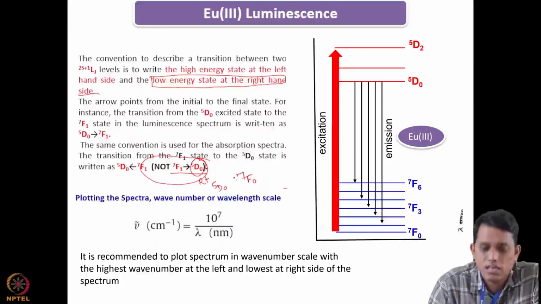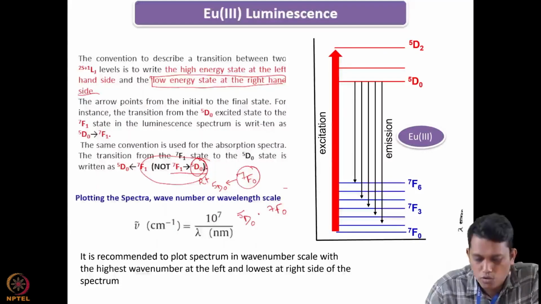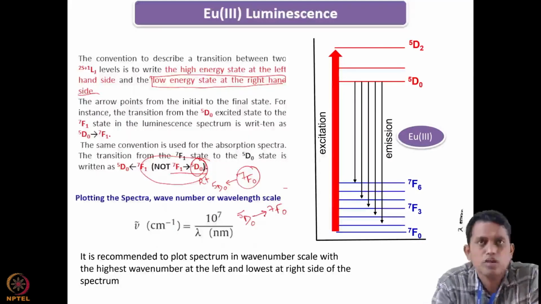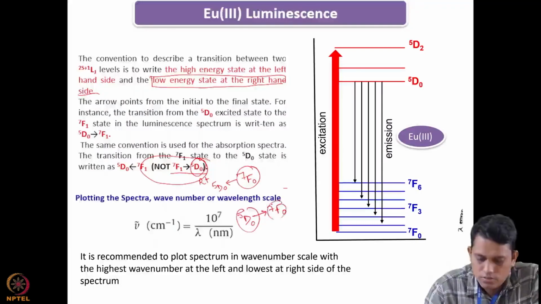When I am doing absorption, I have to write like this. Suppose I want to write about emission, then you have to write like this only, with your low energy state on the right side, but since you are talking about emission, you write the arrow like this. So only the arrow will change, the states' positions will not change.